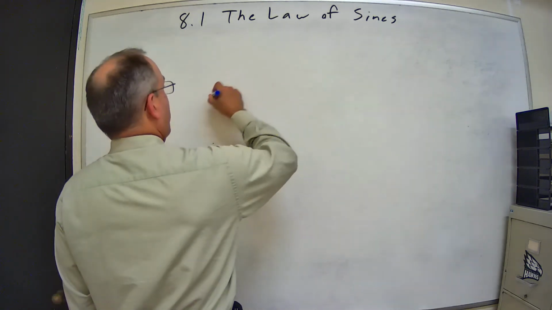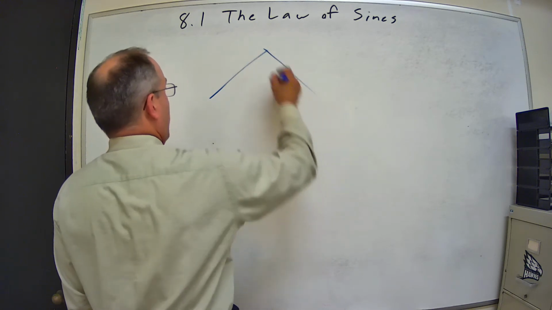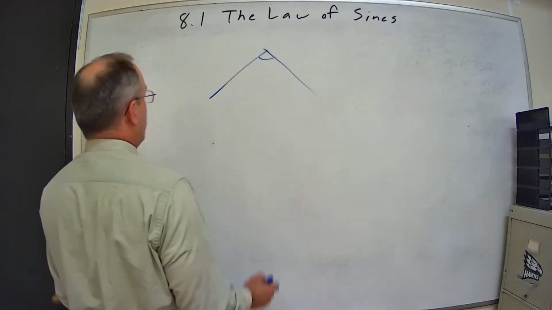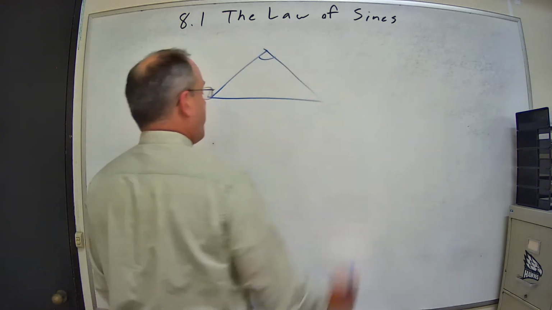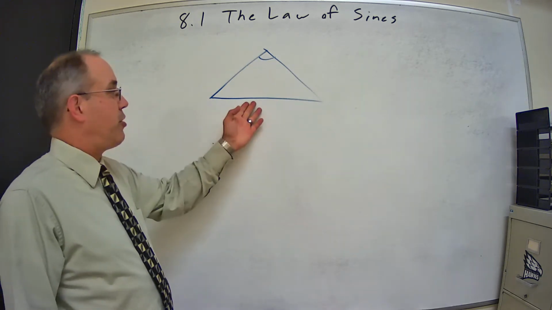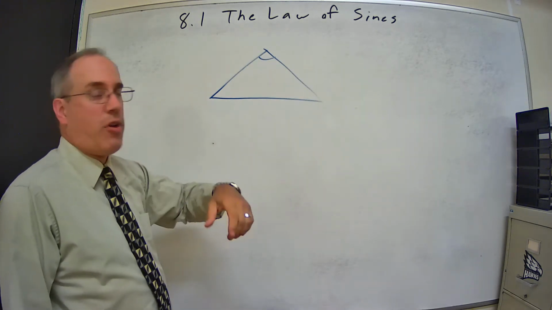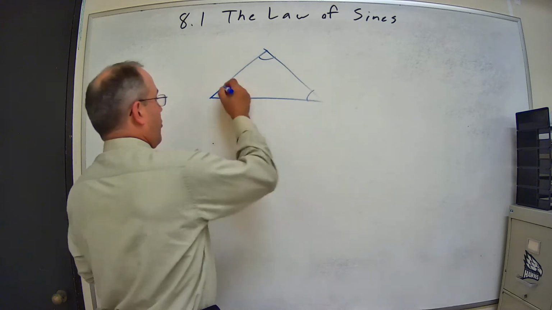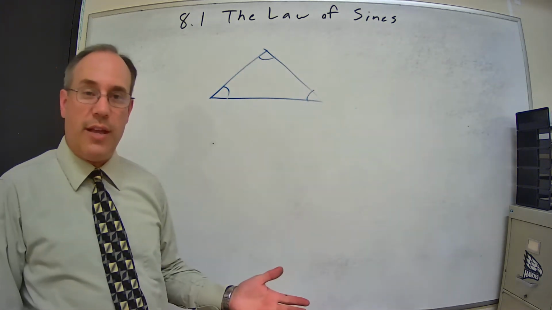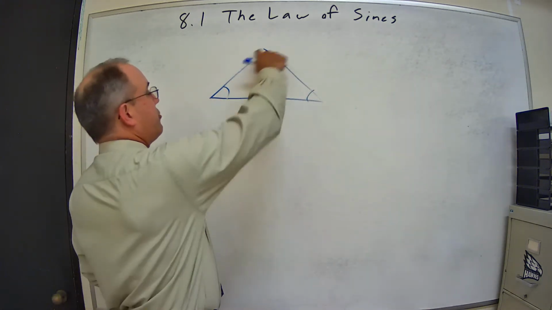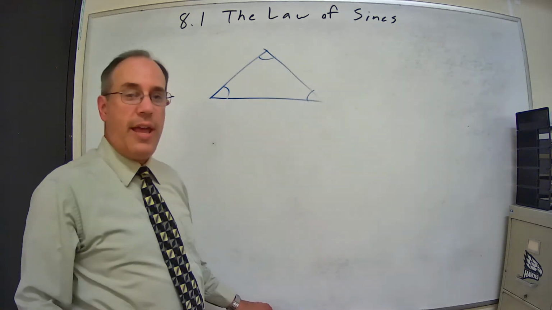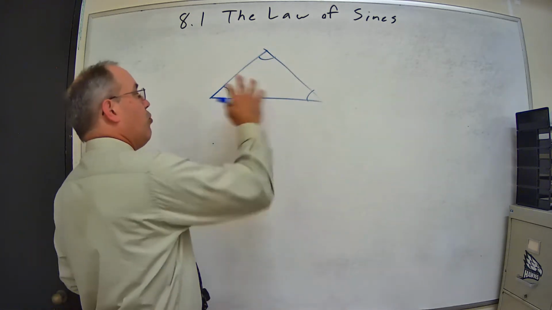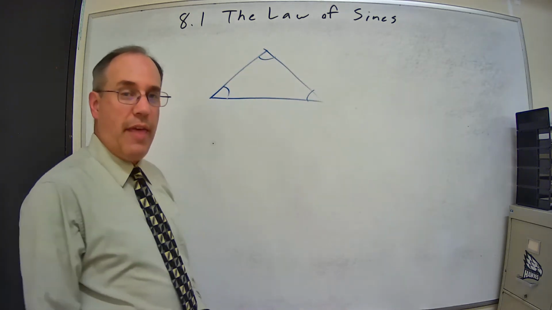If I have this side and that side, and I know what that angle is, there's only one side that'll finish that triangle, and there's only one possibility for what those angles are. So give me two sides and the included angle, and there is only one possible triangle that can make that happen.